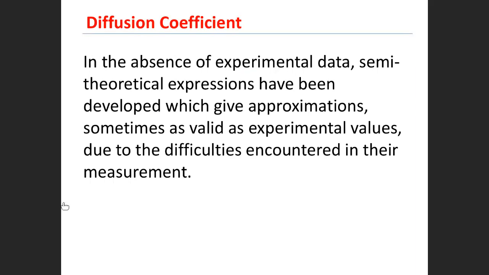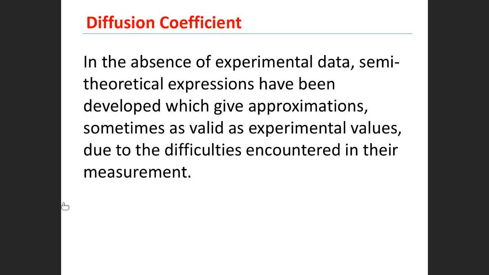Okay, so if you didn't find whatever you want in the experimental data which is available in the appendix, what to do? Well, there is another way to do it, which is using mathematical expressions.